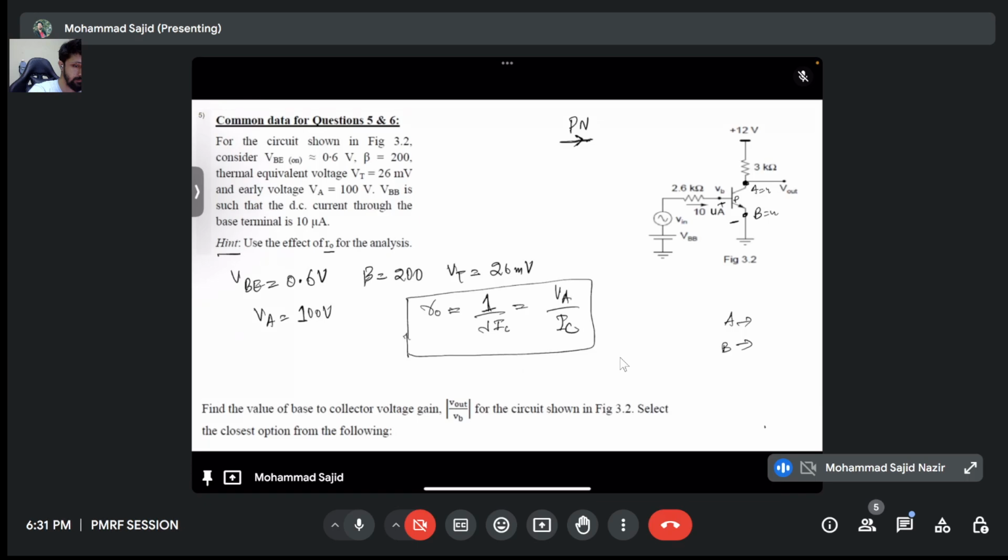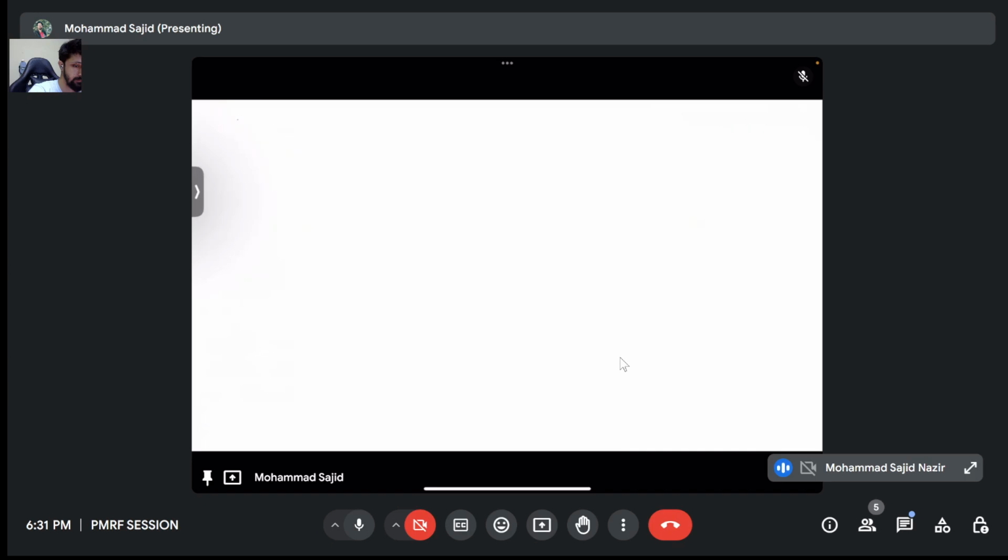VB is such that DC current IB is 10 microampere. Okay, so to find the value of base collector voltage gain, we need to find V output by VB, that is voltage gain V output by VB.